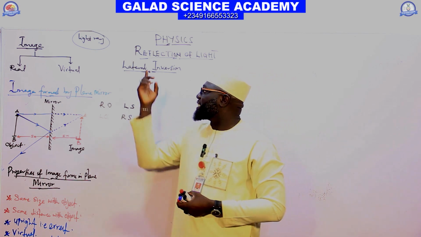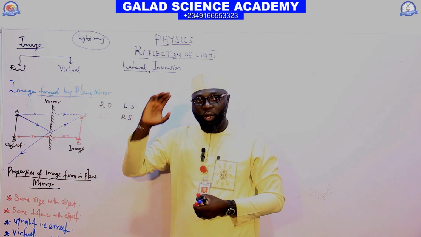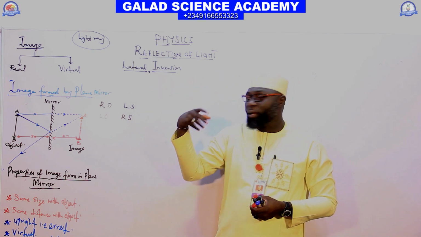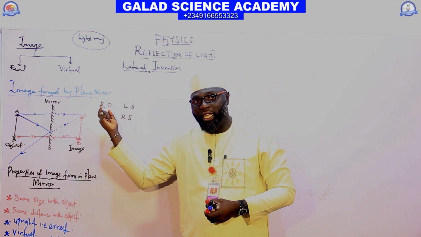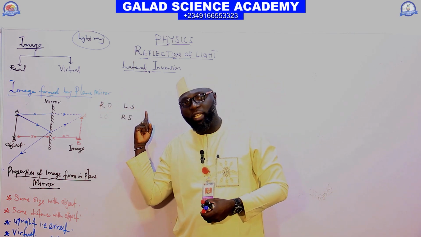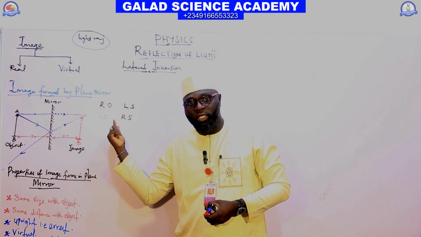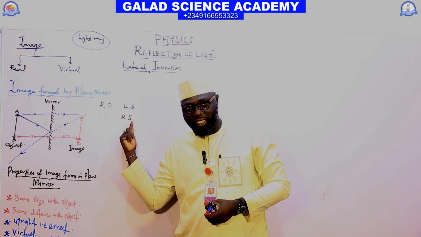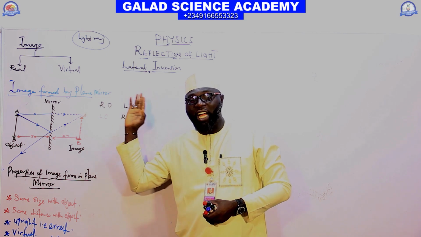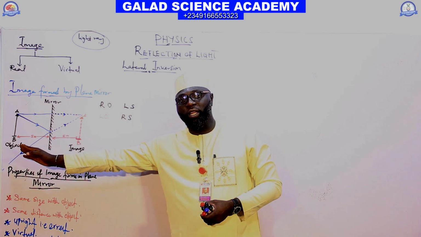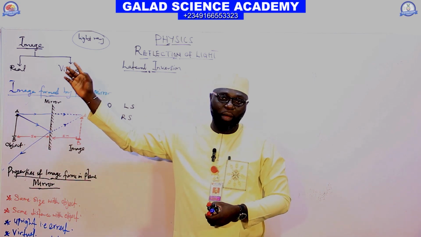So lateral inversion is a phenomenon in which, for the image of an object in a plane mirror, the right side of the object will appear at the left side, where the left side appears as the right side. Because the reflection that takes place in the plane mirror occurs in a parallel plane, not in a vertical plane.